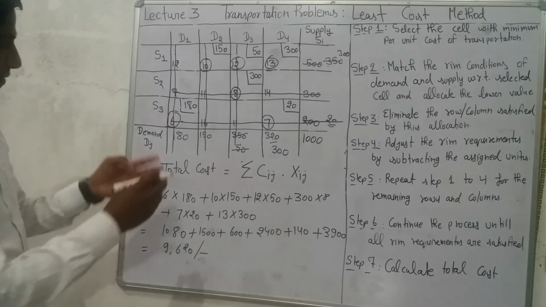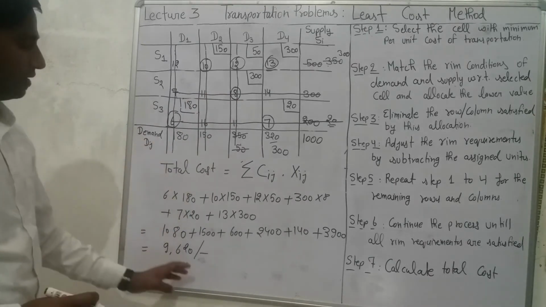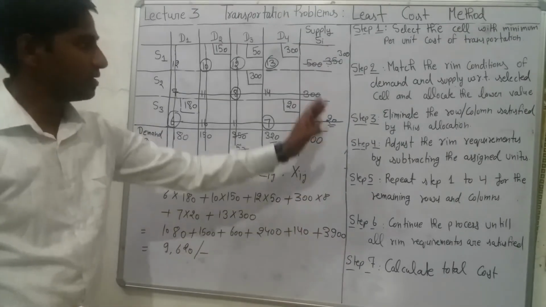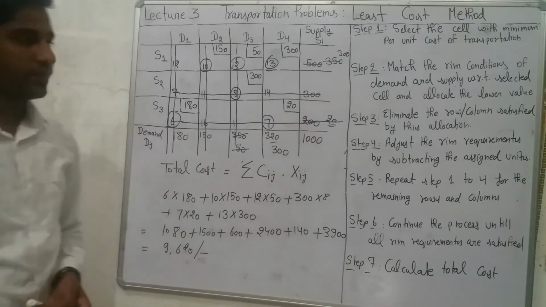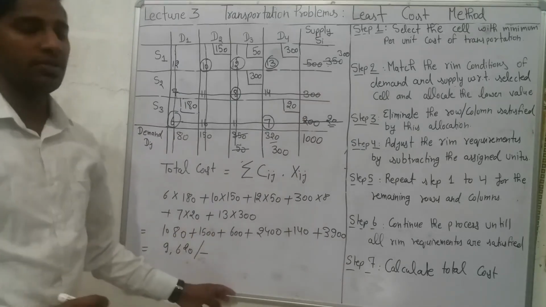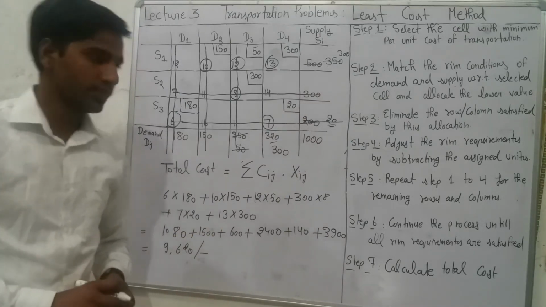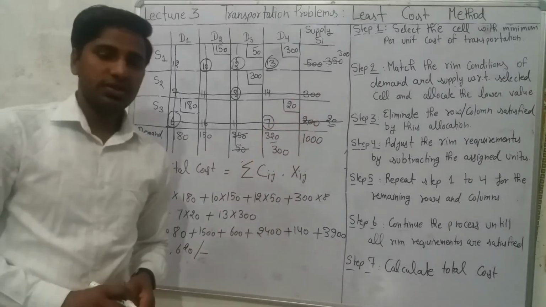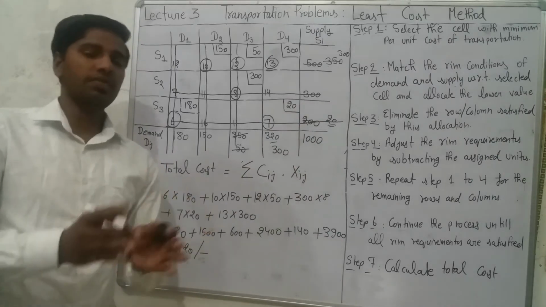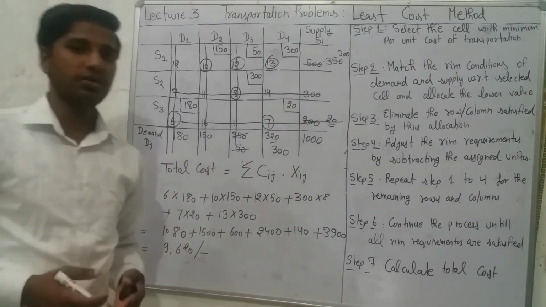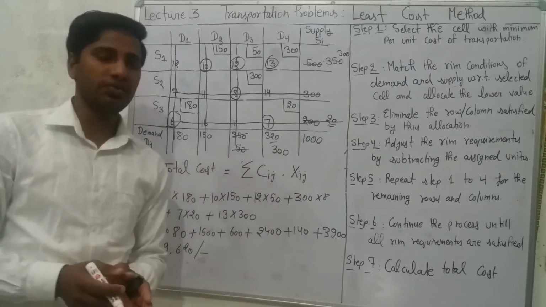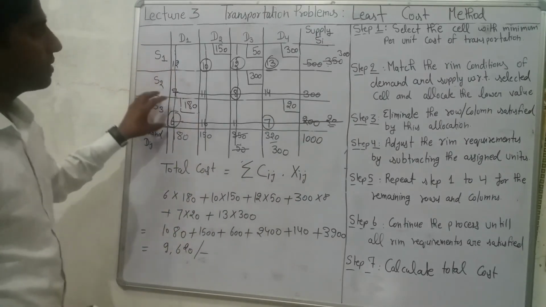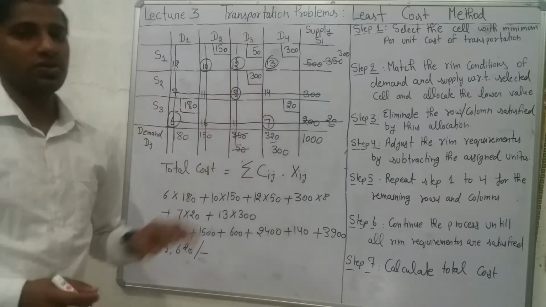To calculate this initial feasible solution, we have to follow these 5 or 6 simple steps that should be followed while calculating the initial feasible solution of a transportation problem. Now we come to the merits and demerits of the least cost method. If you remember, the drawback of the northwest corner rule method was that it does not consider per unit cost of transportation.